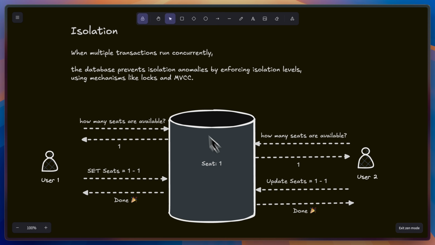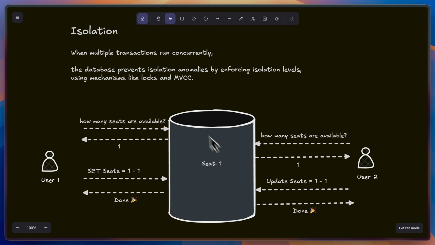So what isolation says is whenever multiple transactions run concurrently, you would face different kinds of problems, that is, different kinds of anomalies, which we would discuss in the next video. There are many anomalies. This is one of them, but we'll discuss all of the anomalies properly in the next video.